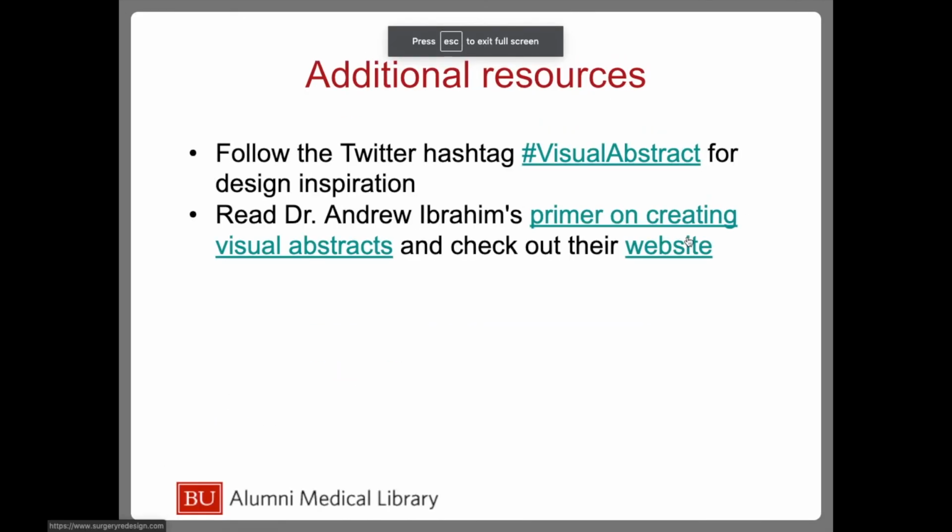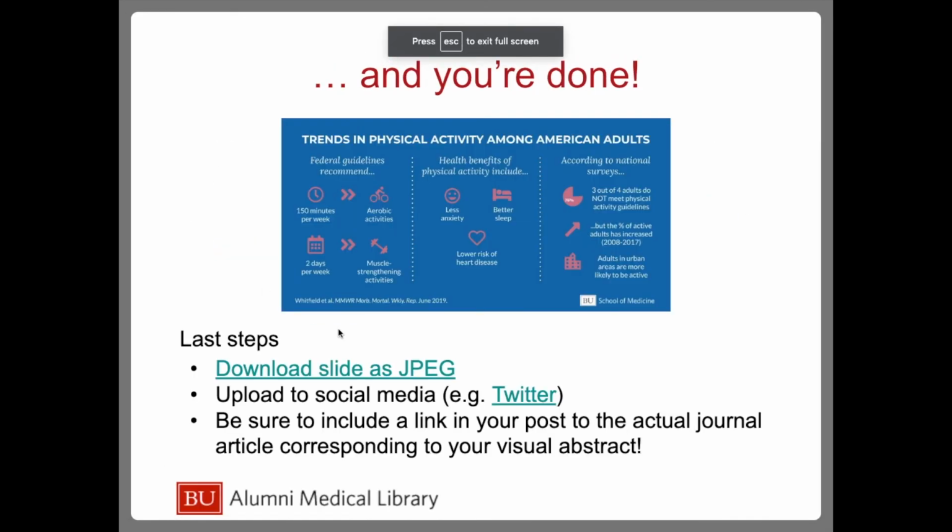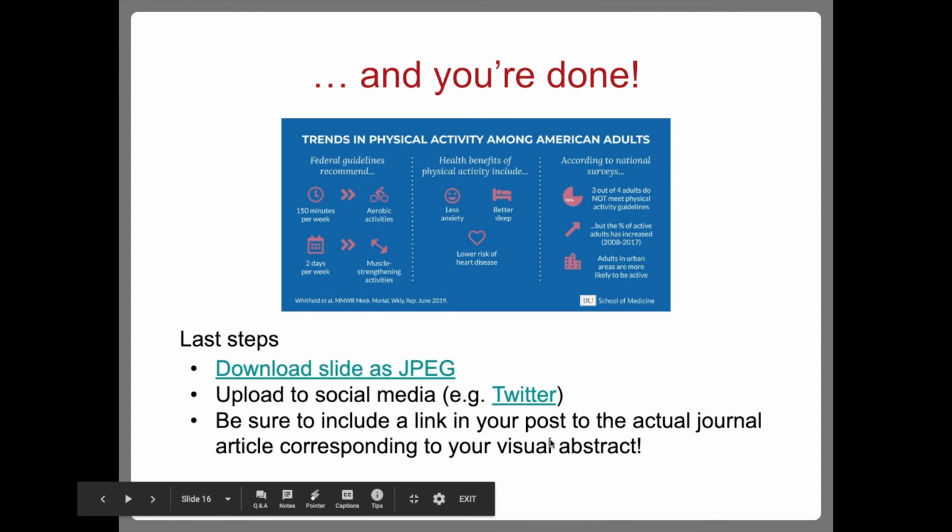Again, you download the slide, and then you can upload it to your social media network of choice, say Twitter, for example. And then you again want to make sure that you're linking back or providing a link to the original paper somewhere, whether it's in the slide itself or as a URL written in the post accompanying the uploaded image.